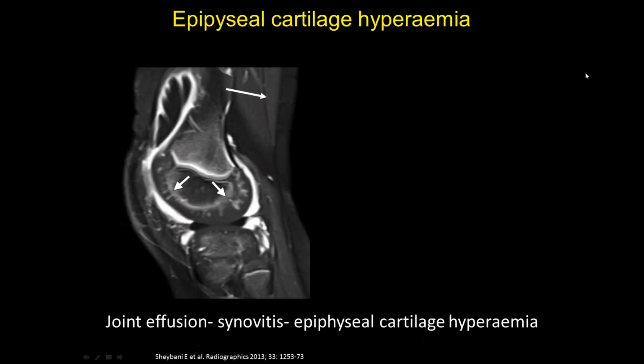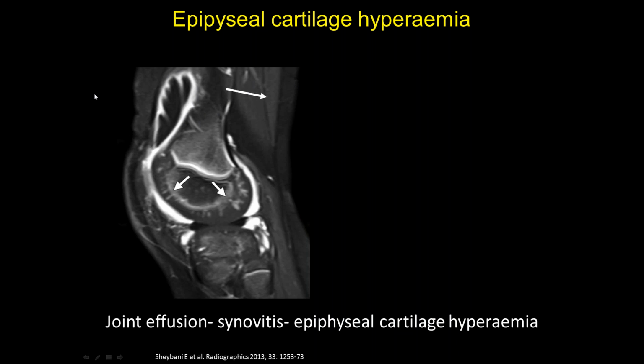So the typical things that we would see if we do an MRI in these patients with inflammation, juvenile idiopathic arthritis. So the typical things are obviously joint effusion. When we administer contrast, we can see that there is this thickened enhancing synovium, so there is synovitis.